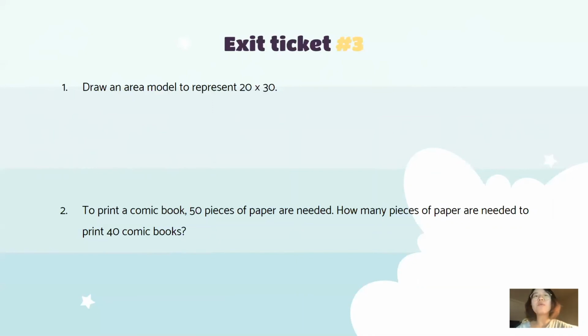Okay, so our first question is draw an area model to represent 20 times 30. So let's try to make an area model for 20 times 30. Let's draw a 20 by 30 rectangle right here.